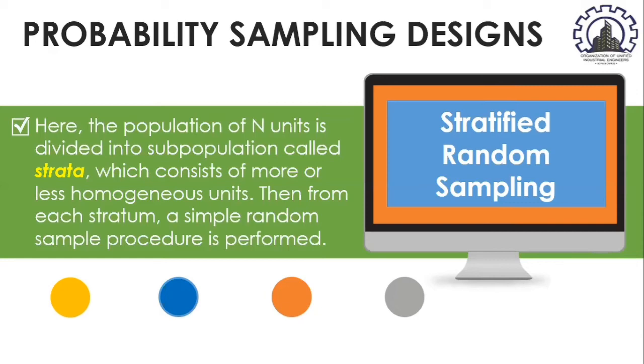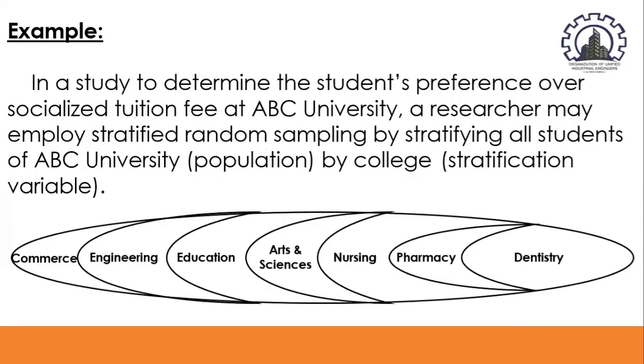Let's have a specific example in order for us to better understand stratified random sampling. In a study to determine students' preference over socialized tuition fee at ABC University, a researcher may employ stratified random sampling by stratifying all students of ABC University, which refers to the population, by college, which refers to the strata or stratification variable.